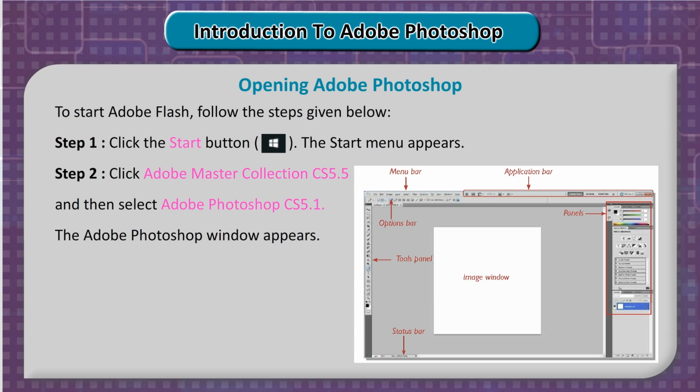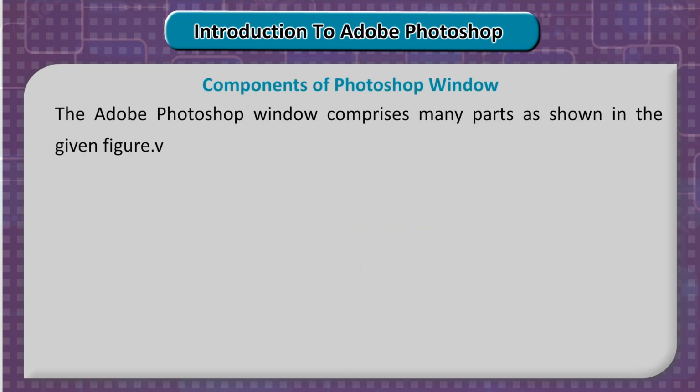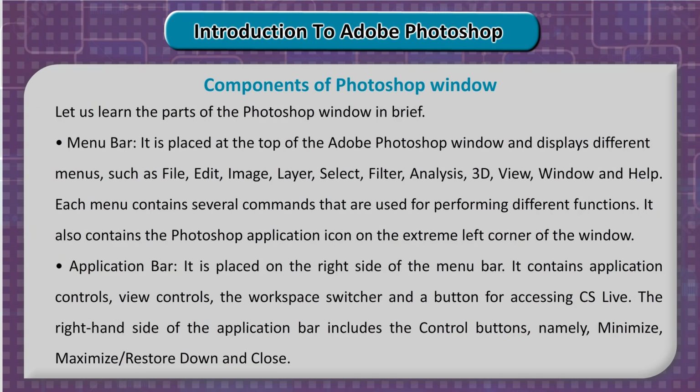Menu bar. Application bar. Options bar. Panels. Tools panel. Image window. Status bar. Components of Photoshop window. The Adobe Photoshop window comprises many parts as shown in the given figure. Let us learn the parts of the Photoshop window in brief. Menu bar.